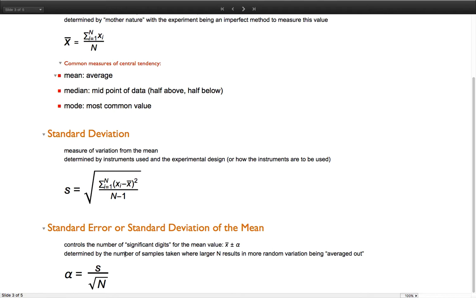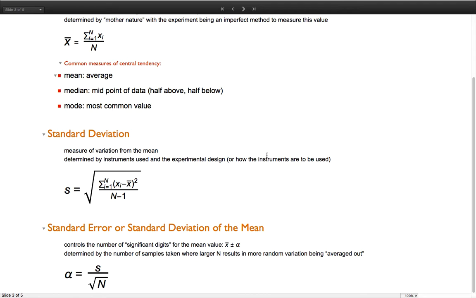That's your experiment. You do that, you get an average value right here, you calculate your standard deviation, and from that you compute the standard error. What this standard error says is that if you repeat that experiment, measuring the same pendulum, the same stopwatch, for the same number of times, how much will that mean value change?